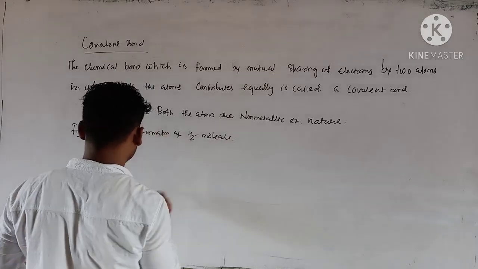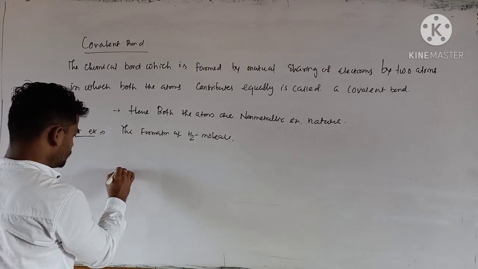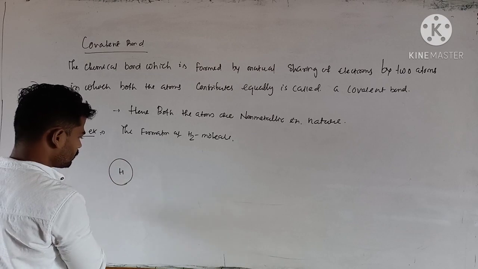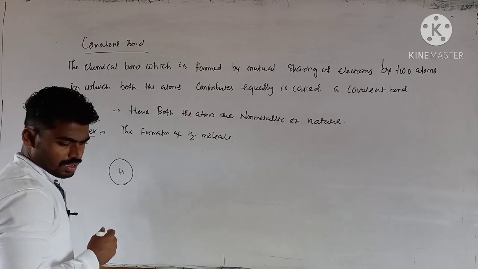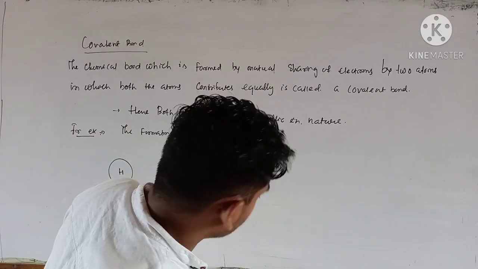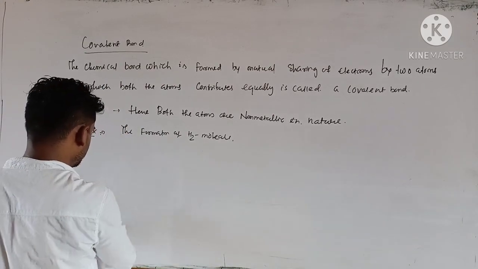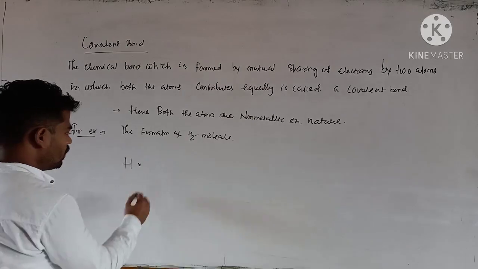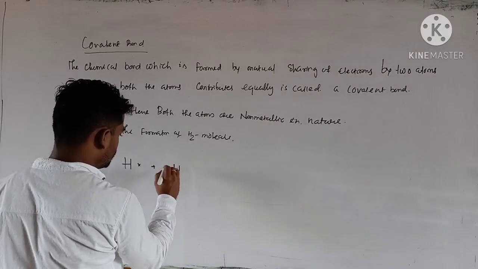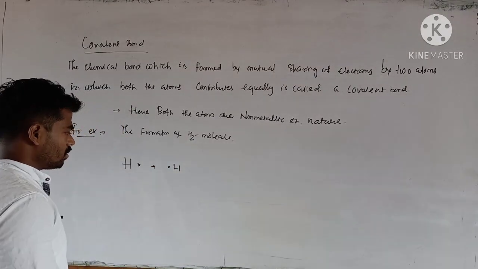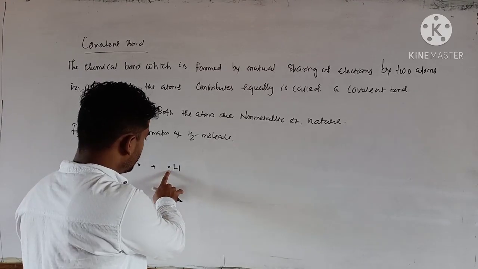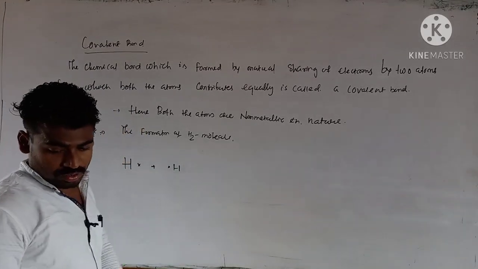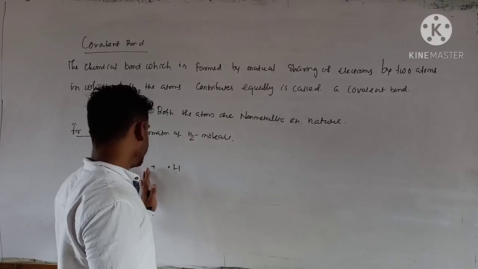One hydrogen atom has one electron, which I can represent with this cross sign, plus another hydrogen having one electron. There is no difference between the cross and the dot; I only represent them here in order to distinguish.